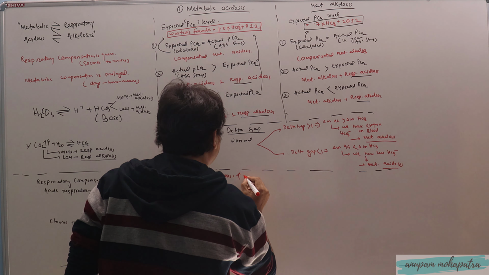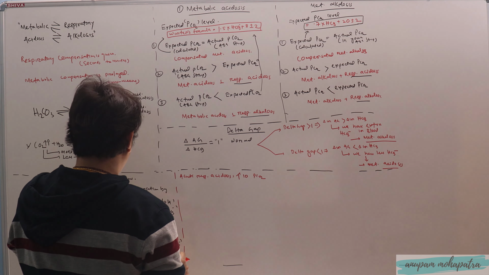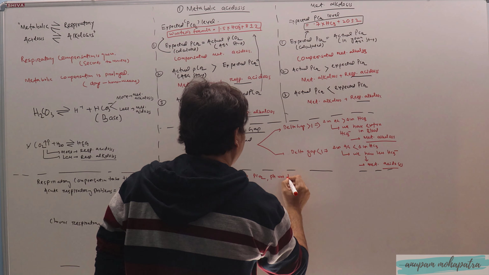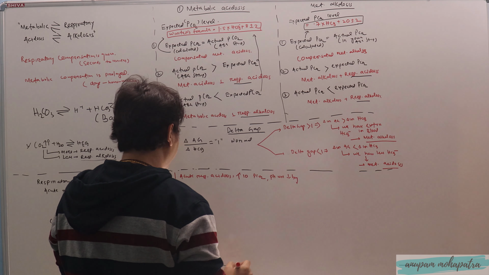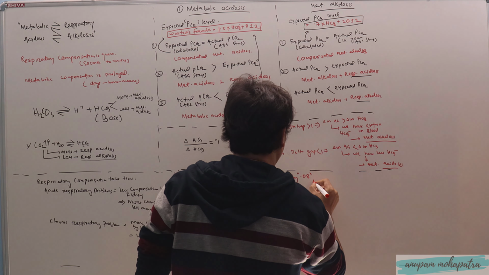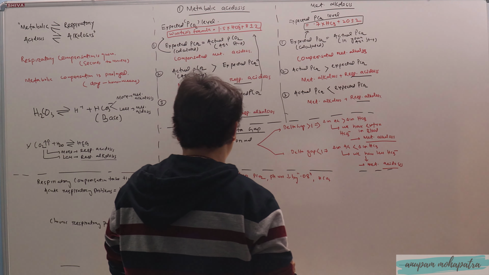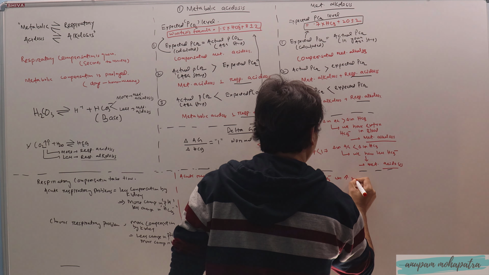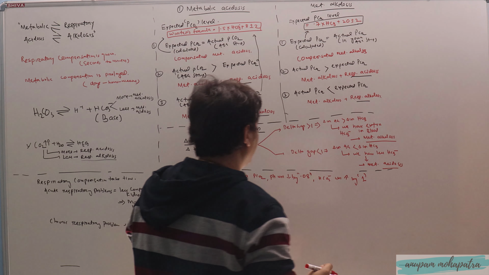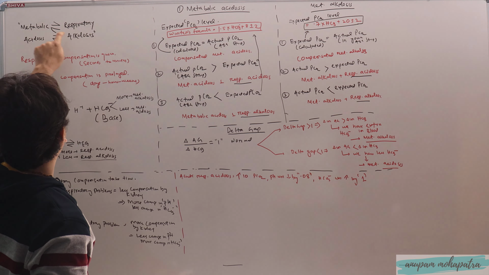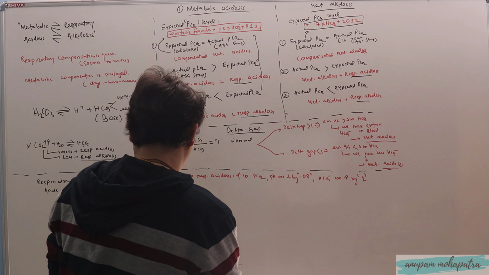So for each 10 increase in PCO2 level, there is more change in pH: the pH will decrease by 0.08, and bicarbonate will increase by 1, because if it is a respiratory acidosis, there will be a metabolic alkalosis, bicarb will increase, right?